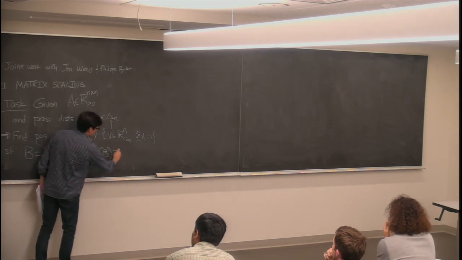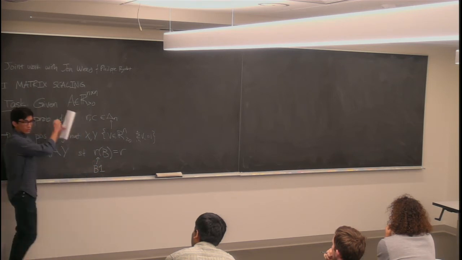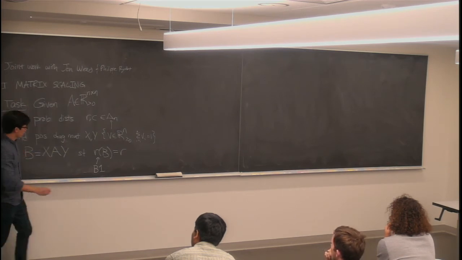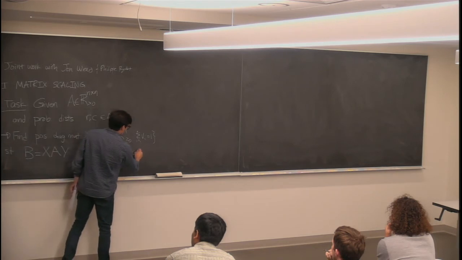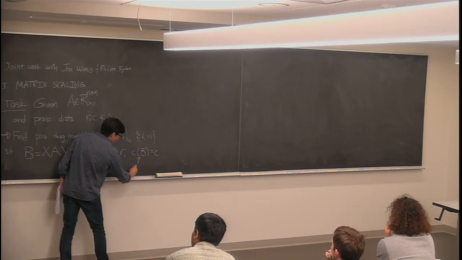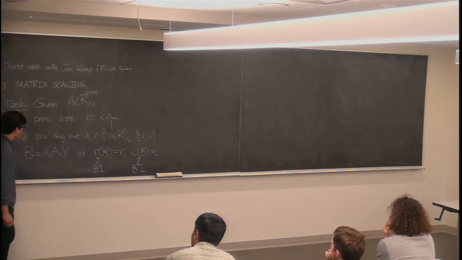You want the row sums of B to be R. Here the row sums, in matrix multiplication terms, are B times 1. So the first entry of this is summing up all the entries in the first row. The second entry in this vector is summing up all the entries in the second row, and so on. And you also want the same thing with the columns. So this here is matrix multiplication, B transpose times 1.